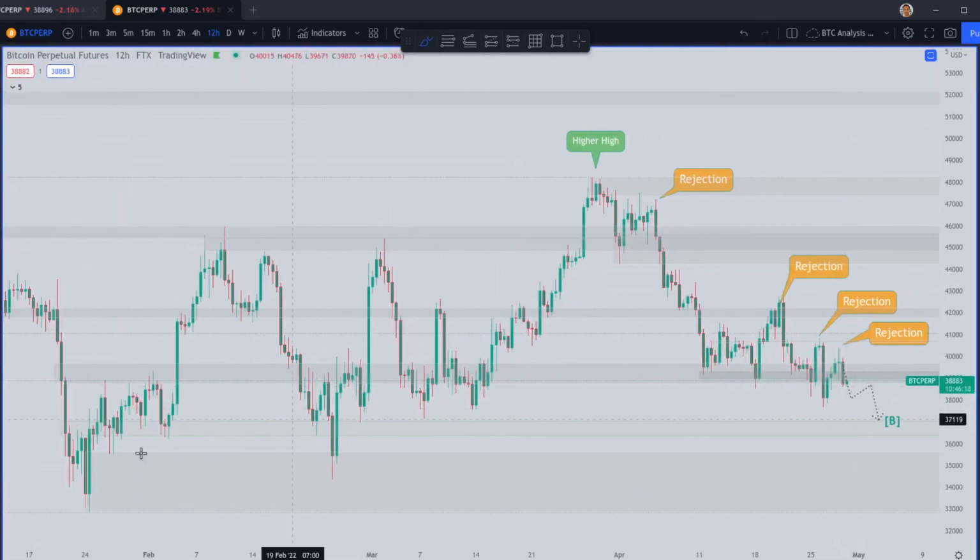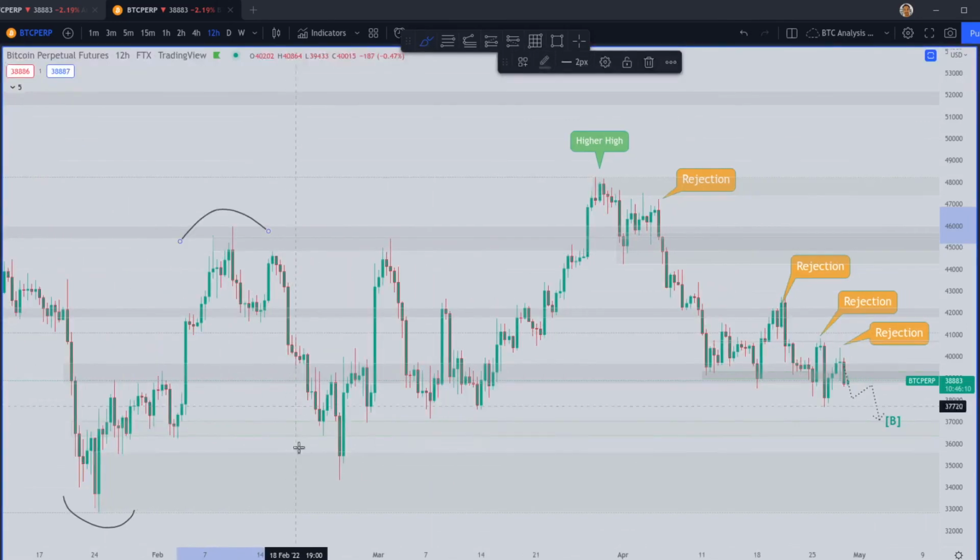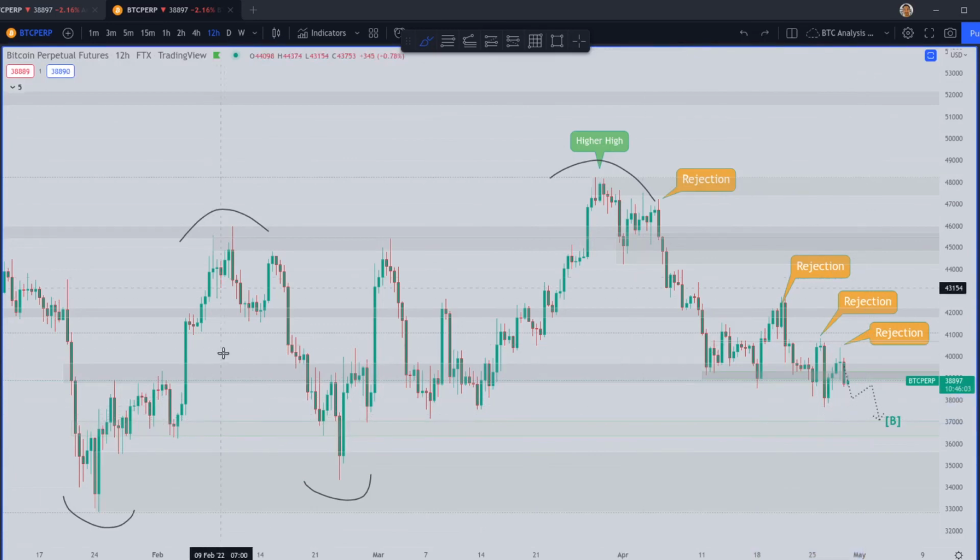Okay, the longer chart. We have a lower high, higher high, higher low, higher high, higher low. In the long term, in the bigger picture, it still looks not so bad.